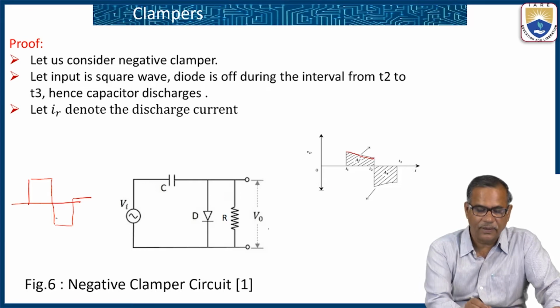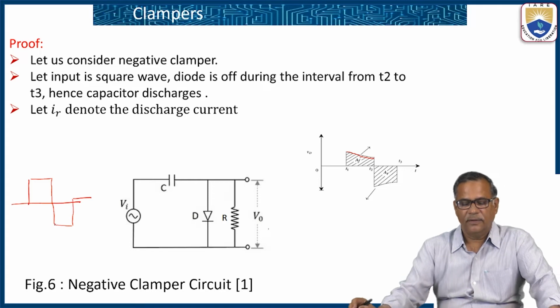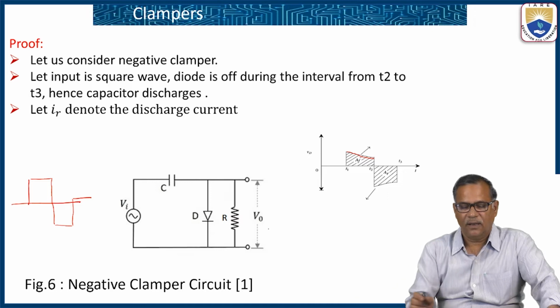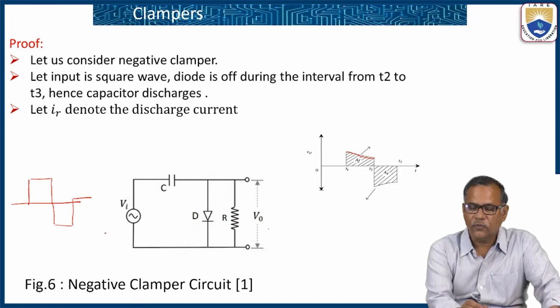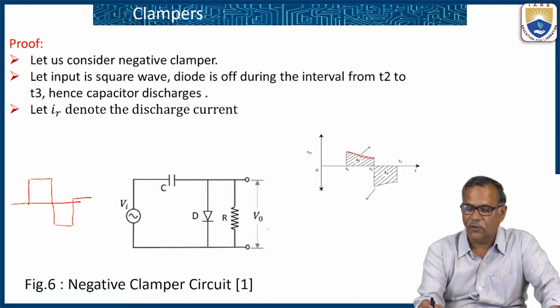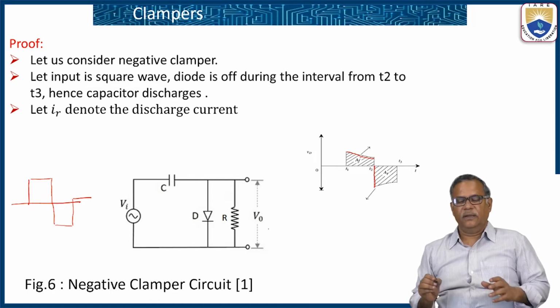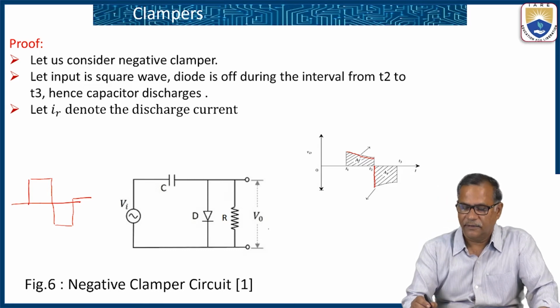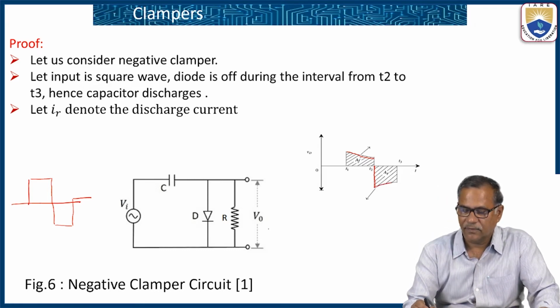And when the voltage becomes negative, the diode is in reverse bias and all the input voltage appears across the load like this. Then the capacitor slowly gets charged in the reverse direction and it follows this curve.